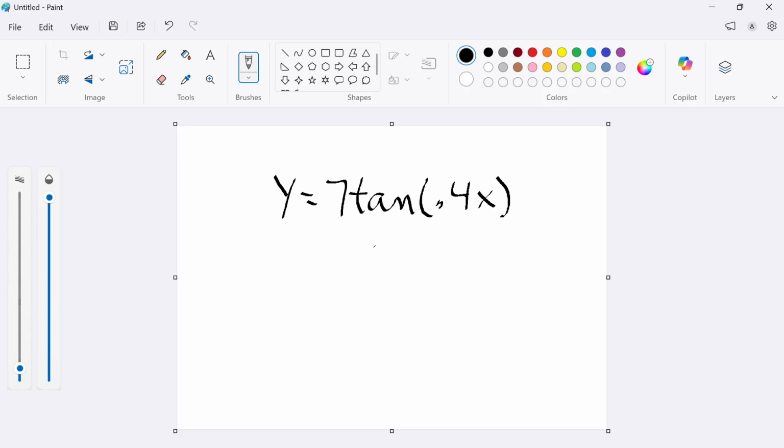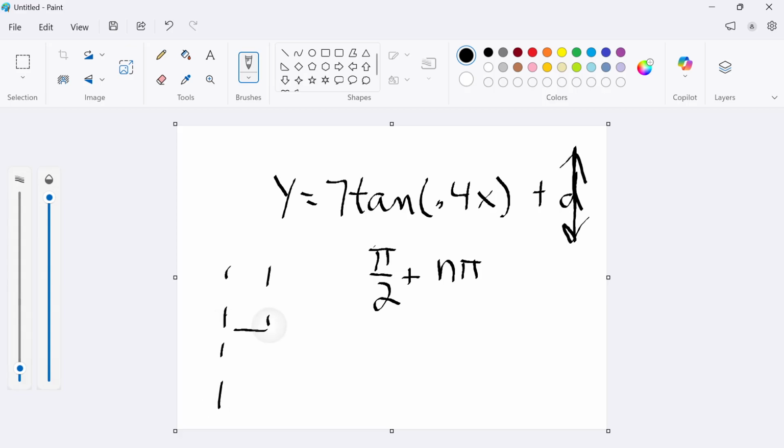For a vertical asymptote of tangent and cotangent, it's always pi over 2 plus n pi, sometimes it's called k pi. And any kind of shift up or down isn't going to affect it, because remember that vertical asymptotes, every horizontal, are affected by period. So all I have to do is take what's inside the parentheses, the argument of tangent.